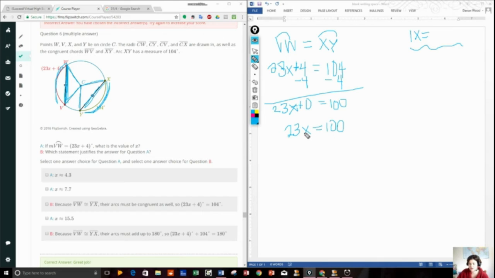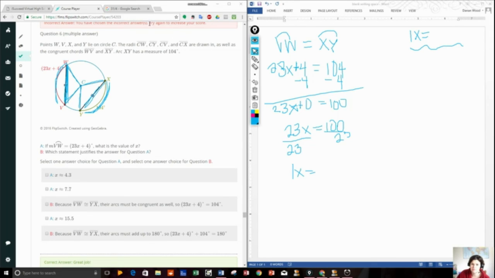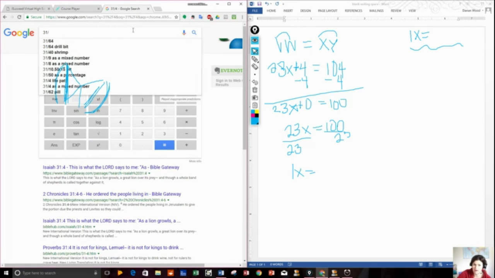Alright, we have multiplication, and the inverse operation is division. So we have 23 divided by 23. So 23 divided by 23 is 1x equals, what is 100 divided by 23?